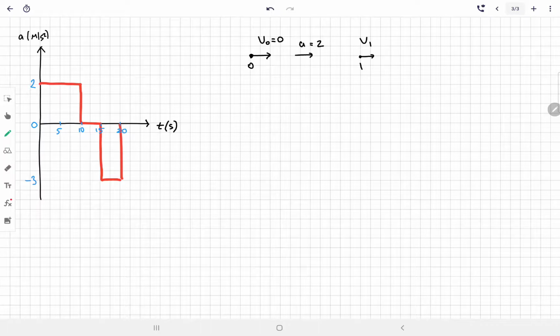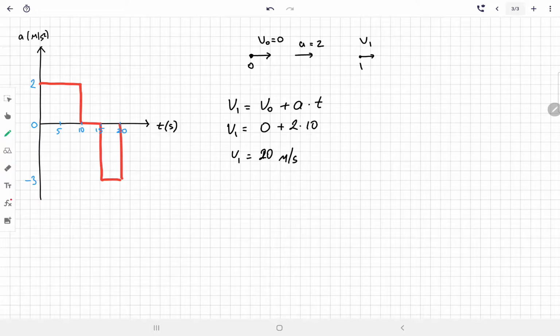And we know this is a motion with constant acceleration, so we can apply this simple equation. v1 equal to v0 plus acceleration times time. v1 equal to initial velocity 0, acceleration during this interval equal to positive 2, times 10 seconds. So velocity after 10 seconds will be equal to 20 meter per second. Velocity and the speed also, it will be moving to the right.